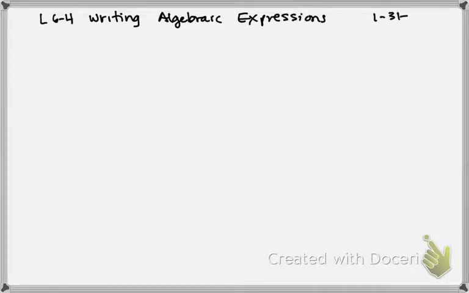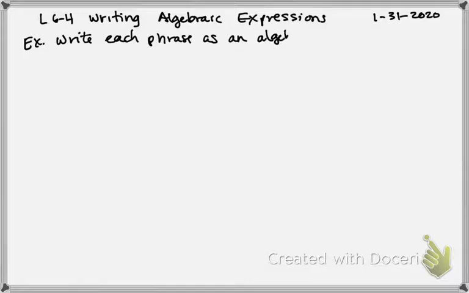The directions say, write each phrase as an algebraic expression. The first phrase, and again, when you hear this, the assumption is you remember you're going to define your variable.